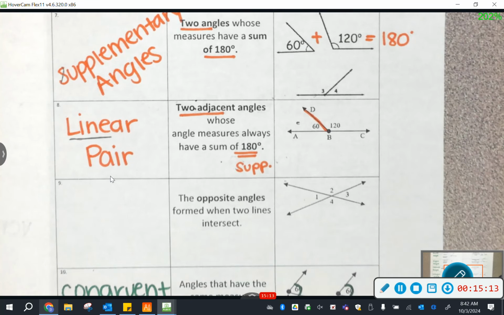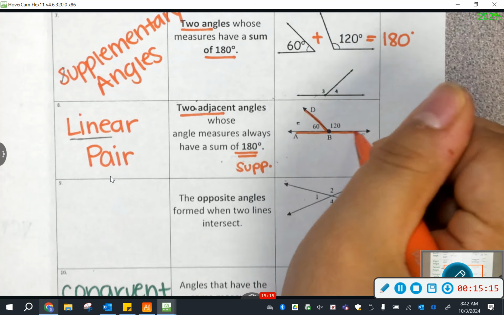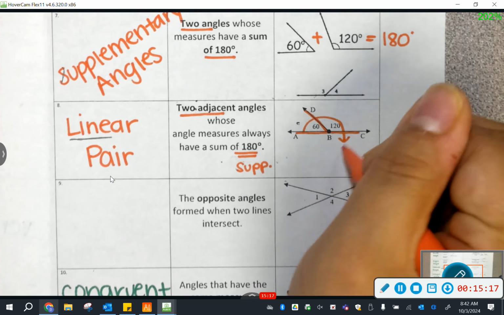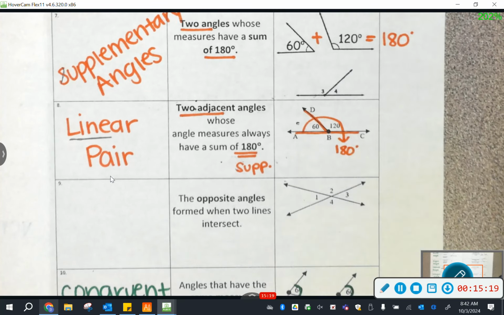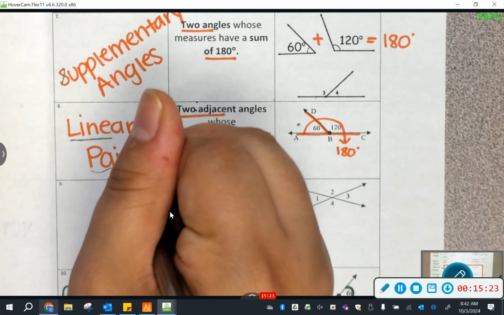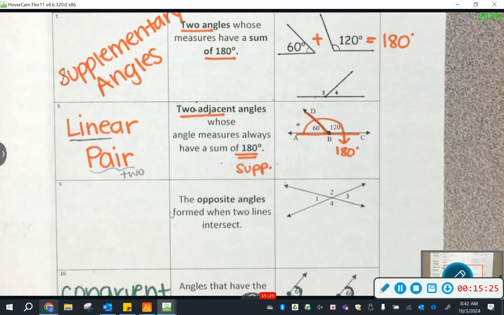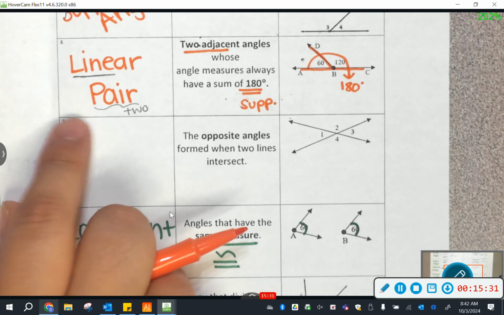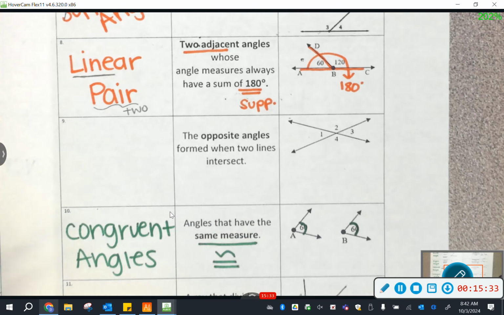No. How many degrees is a line right here? 180. And what does pair mean? Pair means two. So it's two angles that make a line. A linear pair. Two angles that make a line. Write that down. Heads up, write it down.